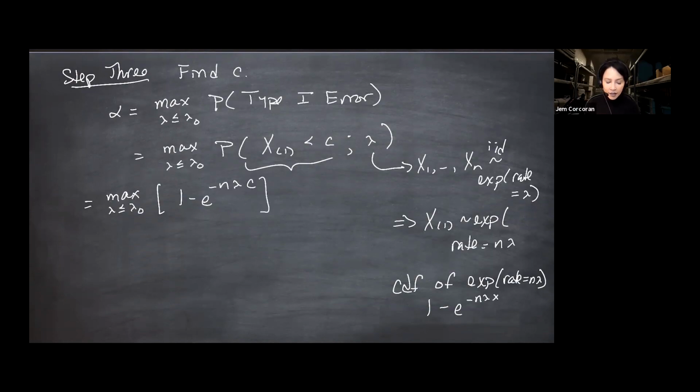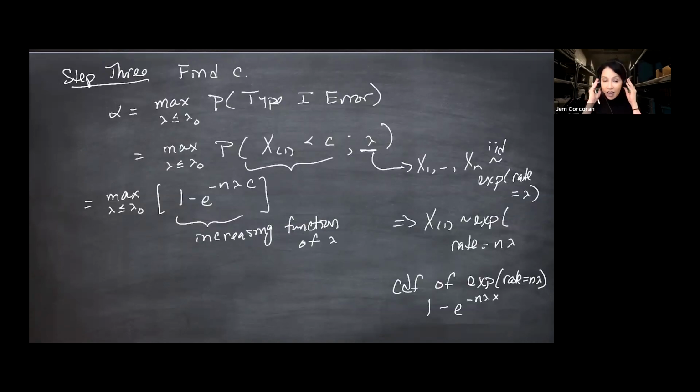So this is going to be 1 minus e to the minus n lambda times c. And then we look at this as a function of lambda. As lambda gets larger, this e gets smaller, which makes 1 minus this e get larger. So again, we have an increasing function of the parameter, an increasing function of lambda by inspection.